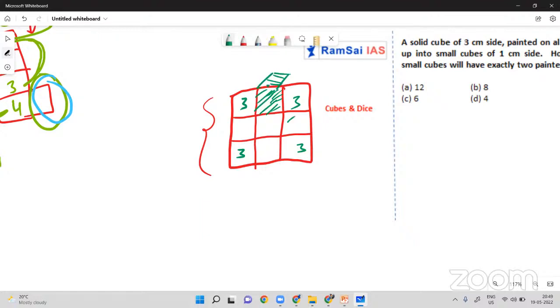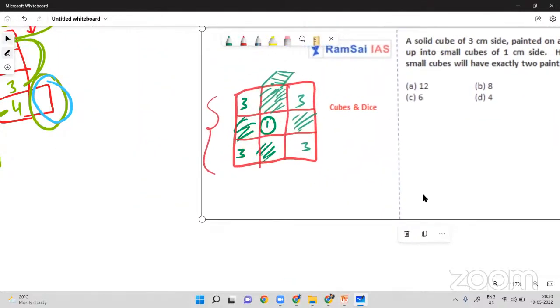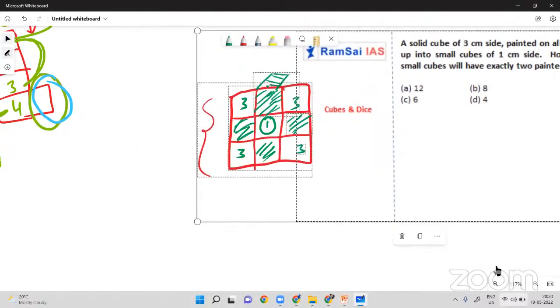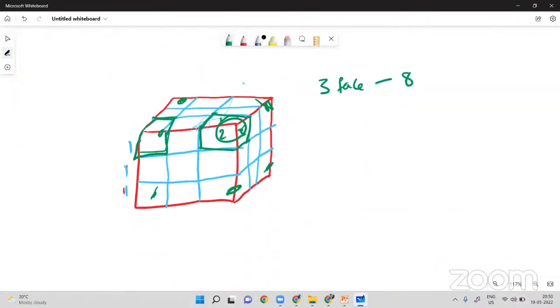This also is the same, two faces colored. And this is a single-face color, because the other sides will be inside, no? So how many sides we have for a cube, that many will have one face colored. And of course the 8 corners we already calculated.